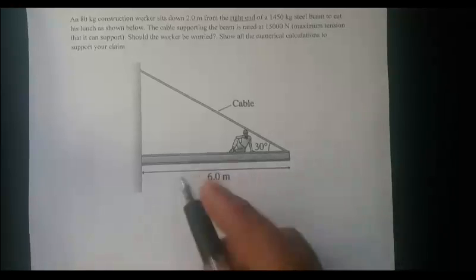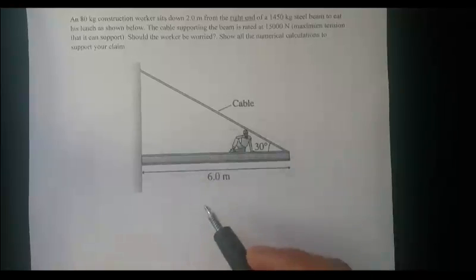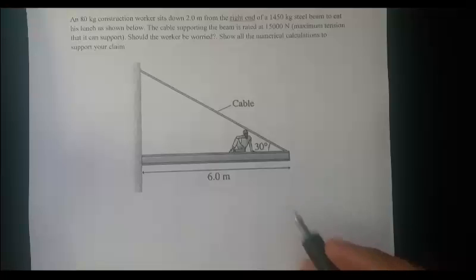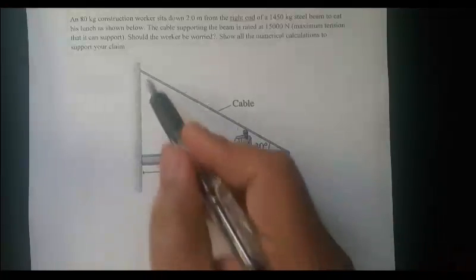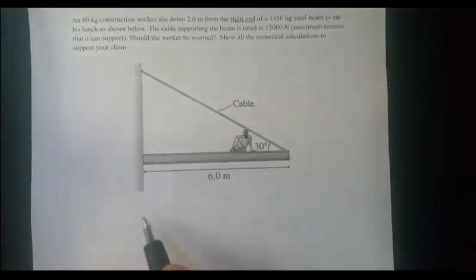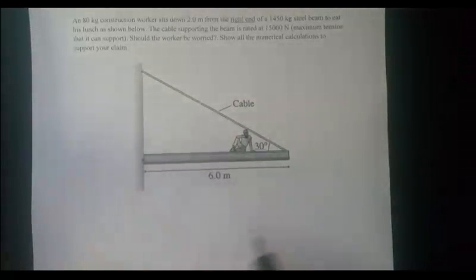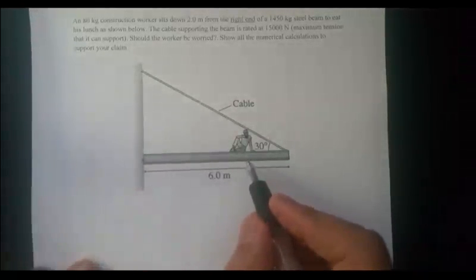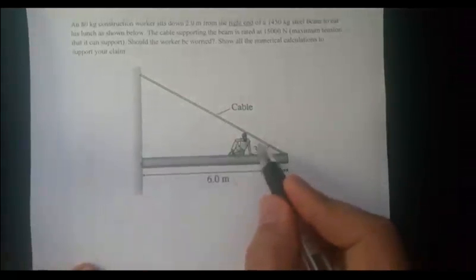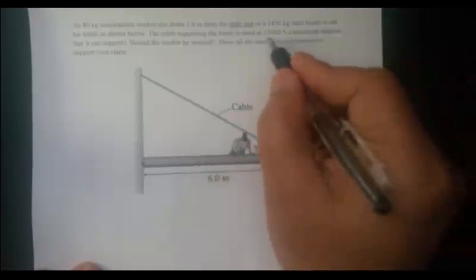So next, this is the next problem as explained in the applet. Here this steel beam is supported by a cable. The cable is hinged here, and the beam is also hinged here, and it says the maximum tension this cable can withstand is 15,000 newtons.